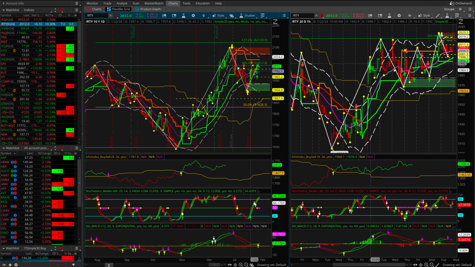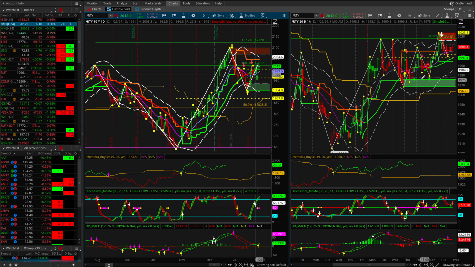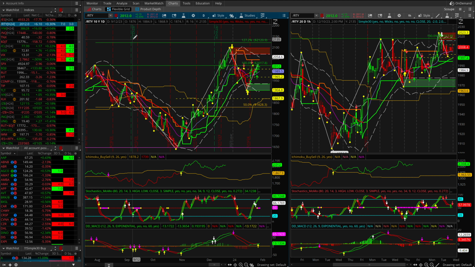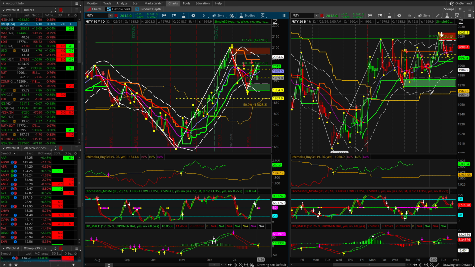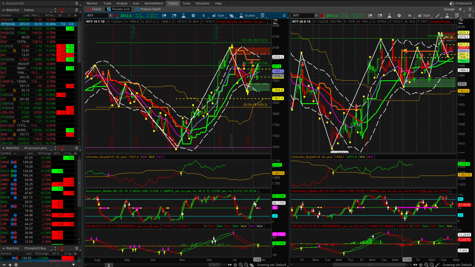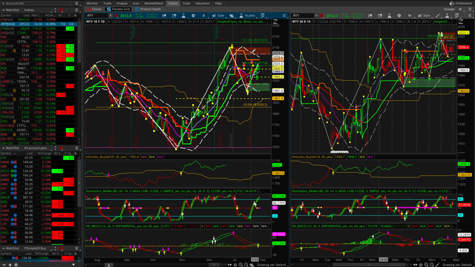So we'll see if it holds, but I'd say the path of least resistance right now is up. That doesn't mean anything other than probabilities. You could put on a trade, you could set a stop underneath a pivot and possibly take it long.